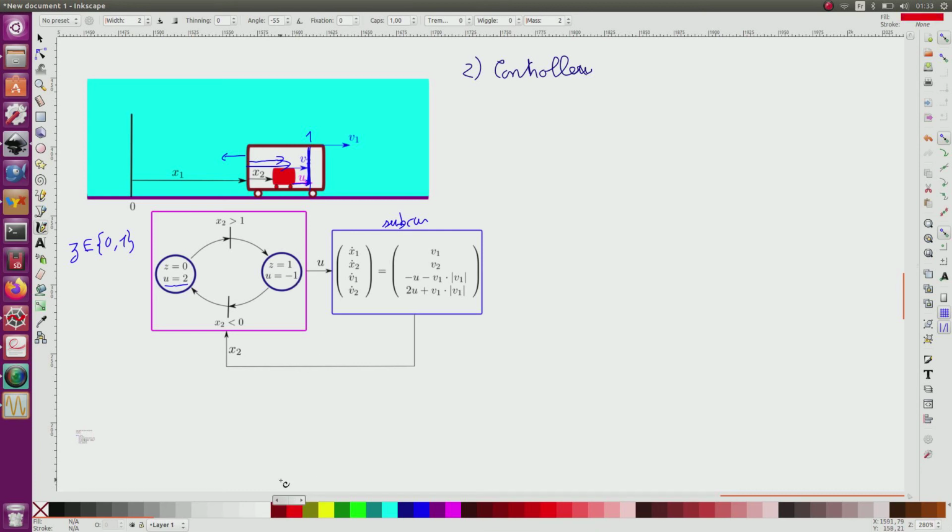But note that the acceleration on the right is higher than the acceleration on the left. Why? Because if I accelerate more to the right, then the box will go faster to the left, and the influence of the water will be stronger. It is what I want.